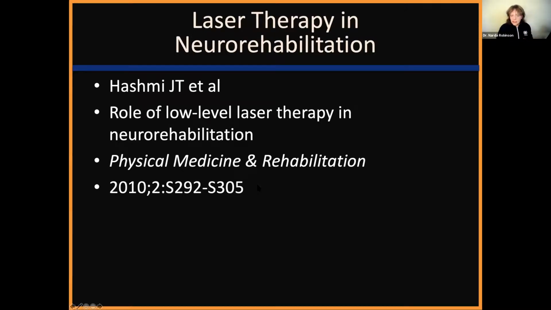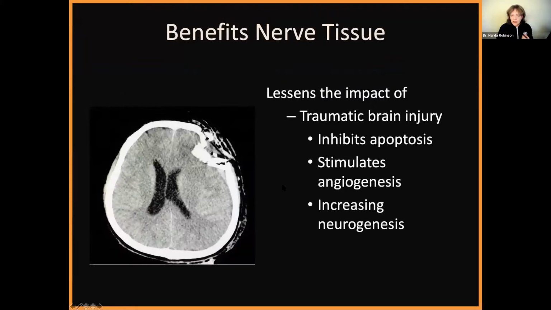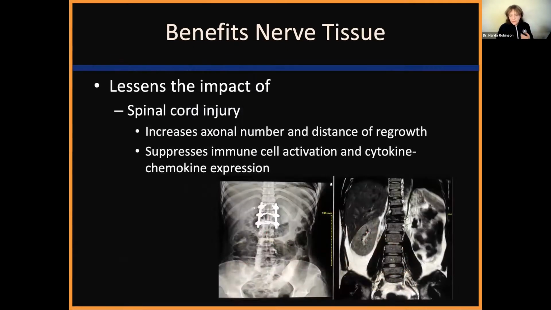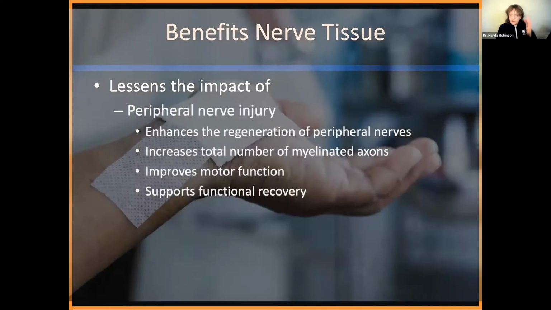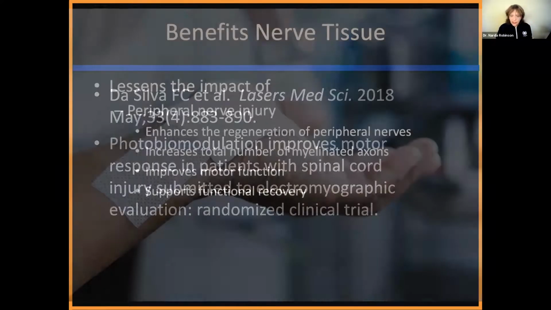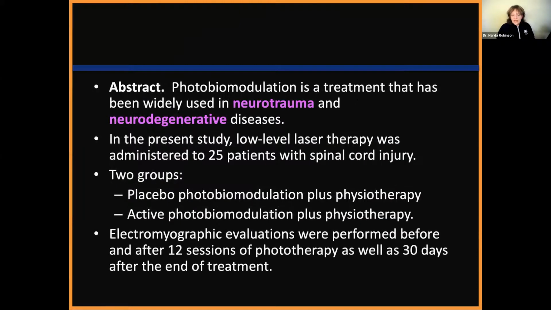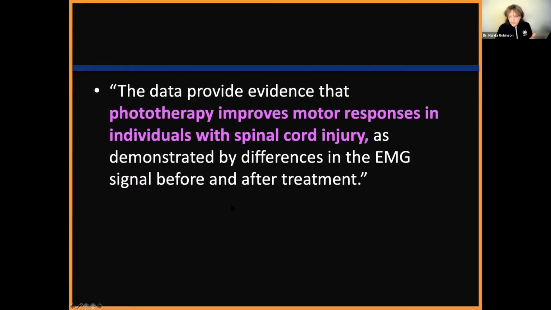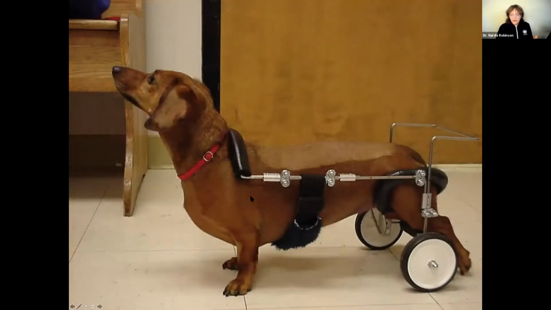And then this is just an article free for download on the web on how the many ways in which photobiomodulation impacts the brain, the spinal cord, nerve tissue, increasing the axonal number and distance of regrowth, suppressing inflammation, improving circulation. So really, this kind of approach is so safe when you're doing it within a certain range, and improving motor response in individuals with spinal cord injury. So much potential for healing.